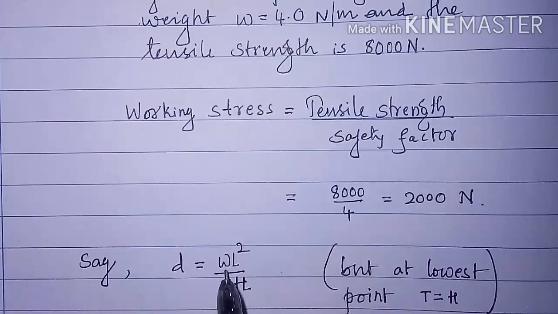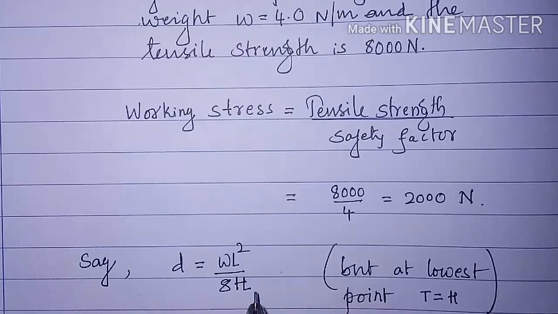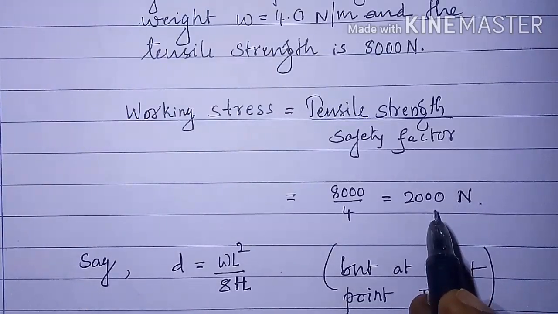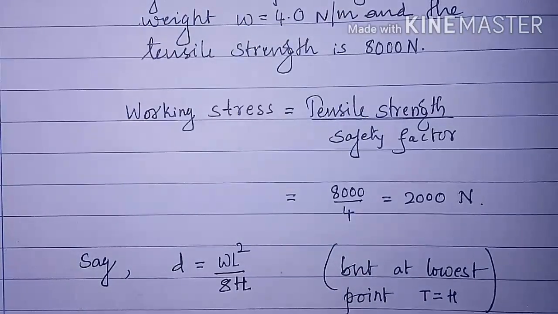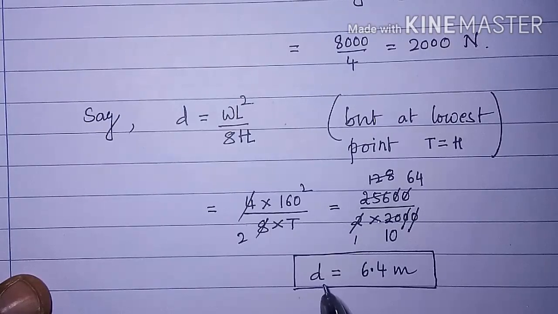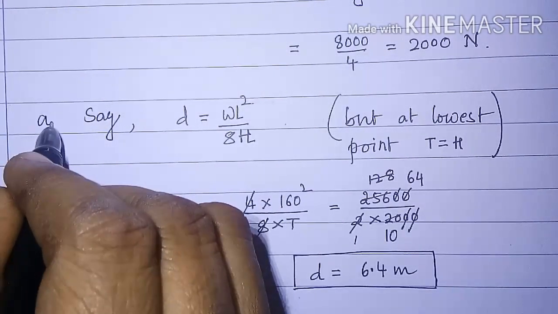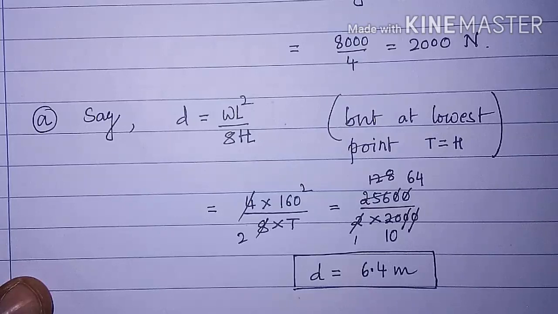W is 4 Newton per meter. L is 160, so L square will be 160 square. H is equal to T, and the T value we have calculated as 2000. By substituting and simplifying, we get D equal to 6.4 meter. So this is the calculation of sag, that is part A.